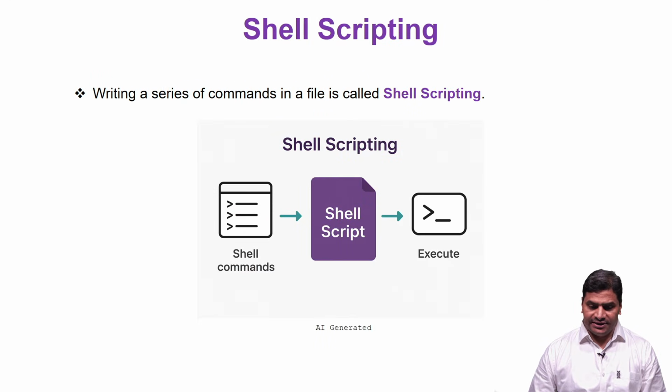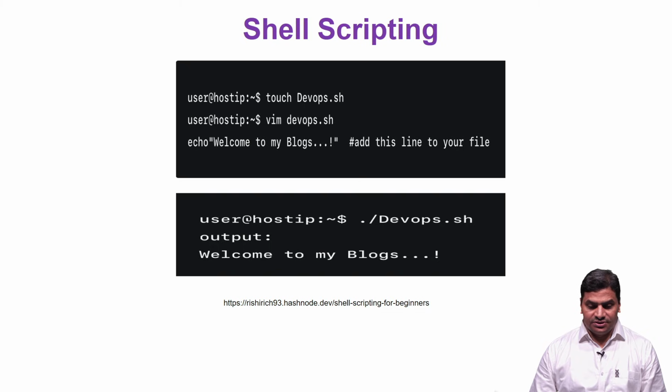I am going to explain the term shell scripting. When somebody says shell scripting, he means that in a text editor you write all the shell commands and you can execute them on the terminal. When you say shell script, many commands are given.